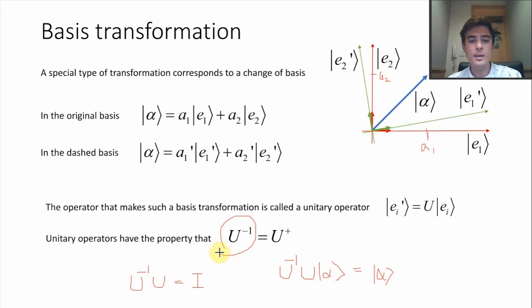Okay, so that's the inverse, but the unitary operator has the property that its inverse is actually just the Hermitian conjugate. It didn't come out very well, but this should be not a plus, but that dagger, the Hermitian conjugate, meaning the transpose Hermitian conjugate.